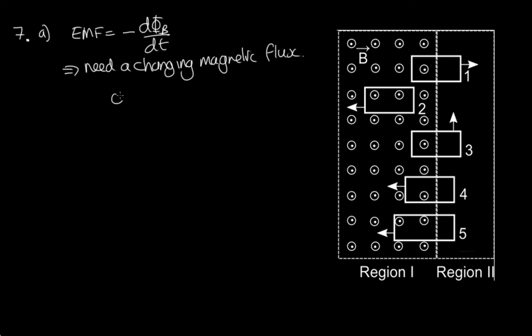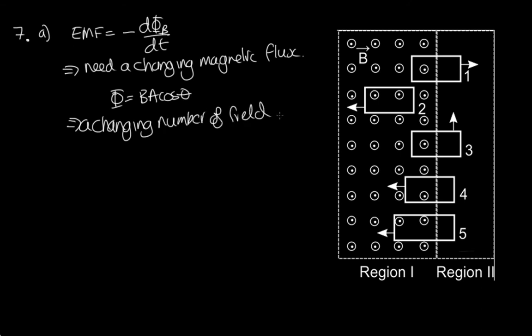And remember that the magnetic flux is equal to BA cos theta. And diagrammatically, it's just the number of magnetic field lines that are passing through the loop. So what we need to have is a changing number of field lines.